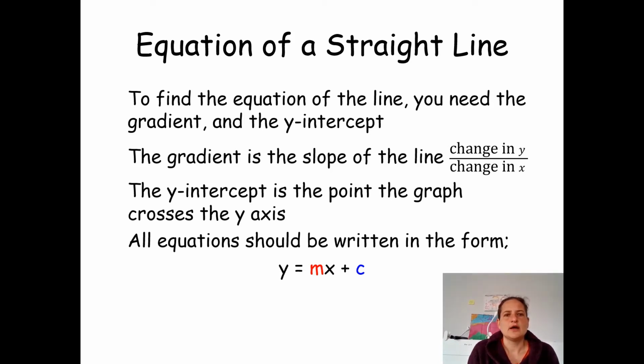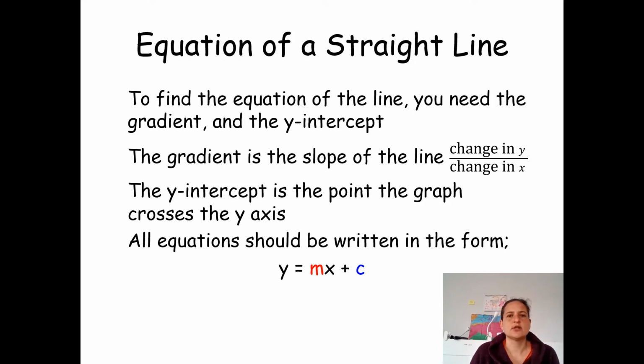Each straight line is defined by 2 pieces of information. If we know 2 pieces of information about a line, we can find its equation. Ideally, the simplest 2 pieces of information would be the gradient and the y-intercept.